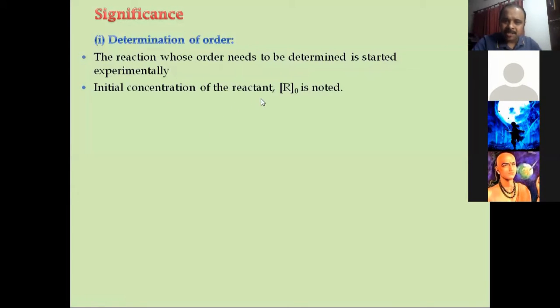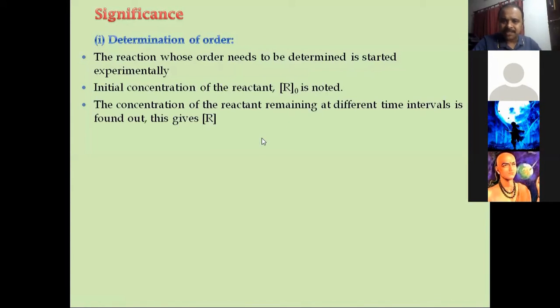The reaction whose order needs to be determined is started experimentally. The initial concentration of the reactant, R naught, is noted. The concentration of the reactant remaining at different time intervals is found out. You start a reaction experimentally. The initial concentration you know, because you have taken it yourself, maybe 5 mole, 10 mole, 2 mole, whatever. And then the reaction is started with whatever the prerequisite conditions of temperature, pressure, catalyst, everything.